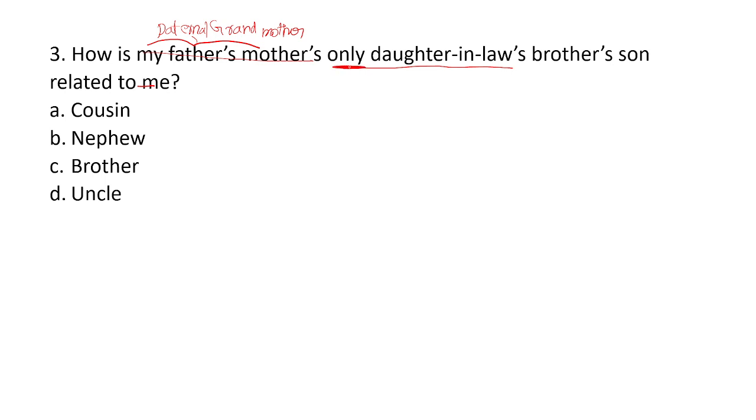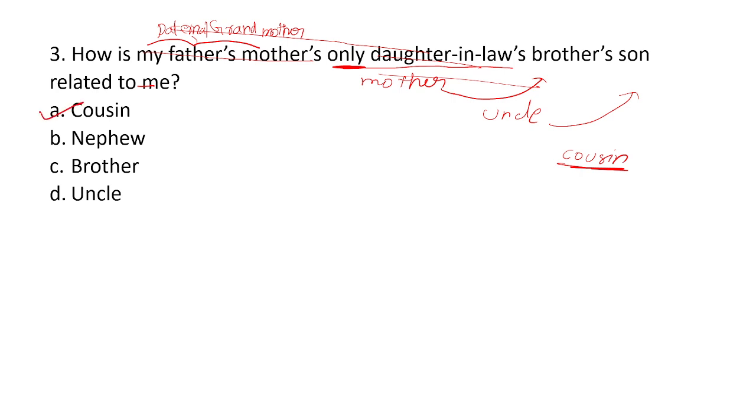Obviously she will be your father's wife, which is nothing but your mother. So up to here you got the answer: mother. Then mother's brother is nothing but uncle, and uncle's son will be a cousin. Clear? So this is the answer.